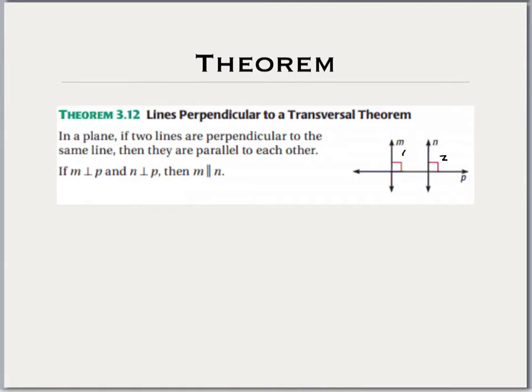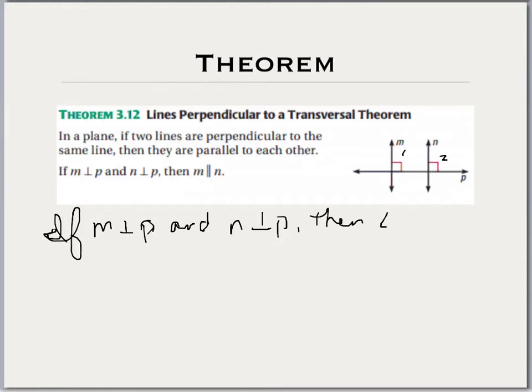Okay, we can say if M is perpendicular to P and N is perpendicular to P, then angle 1 and angle 2 are right angles.